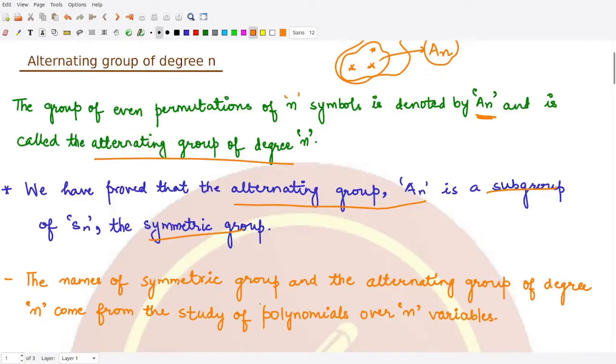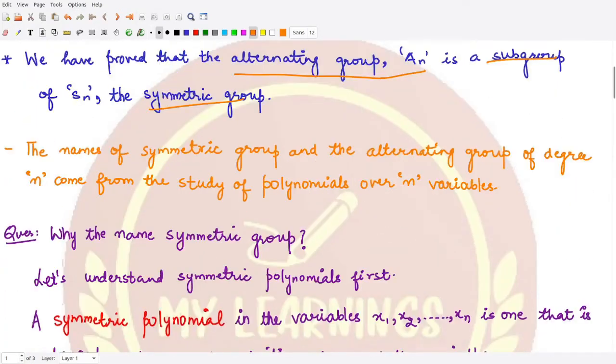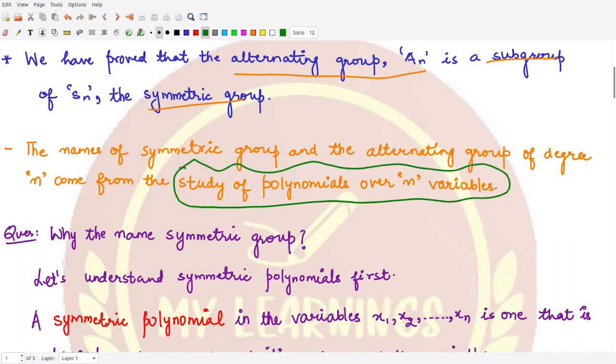Okay, moving forward. Now from where do these names, symmetric group and alternating group, come from? They came into appearance by studying the properties of polynomials over n variables. We already know that polynomials were studied quite early in mathematics, right?